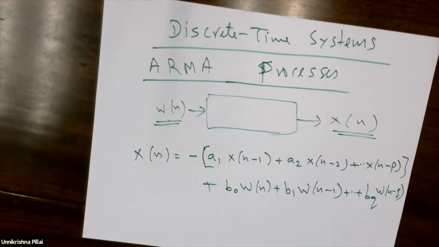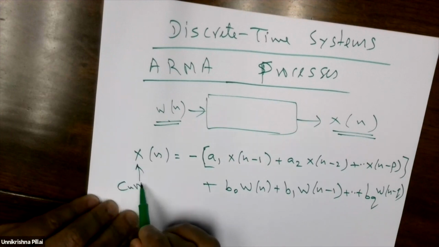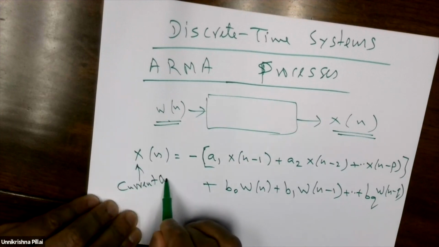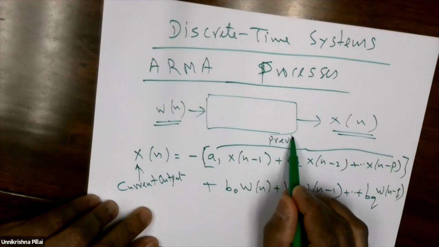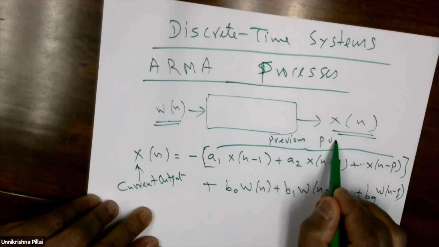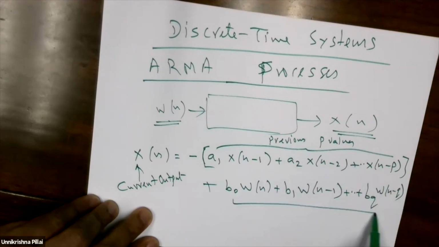All right, so let's look at this relation. Obviously everything is a linear relation. Look at this: the current output depends on the previous p values of its own earlier outputs, and it depends on the q earlier values of the input.